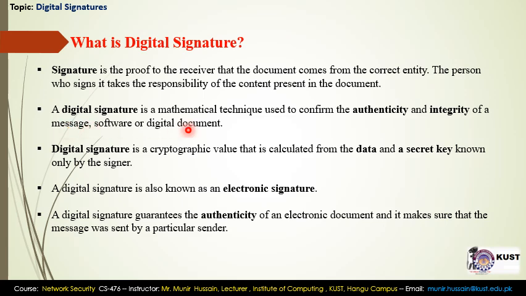A digital signature is a cryptographic value that is calculated from the data that needs to be forwarded to the receiver, and a secret key known only by the signer.